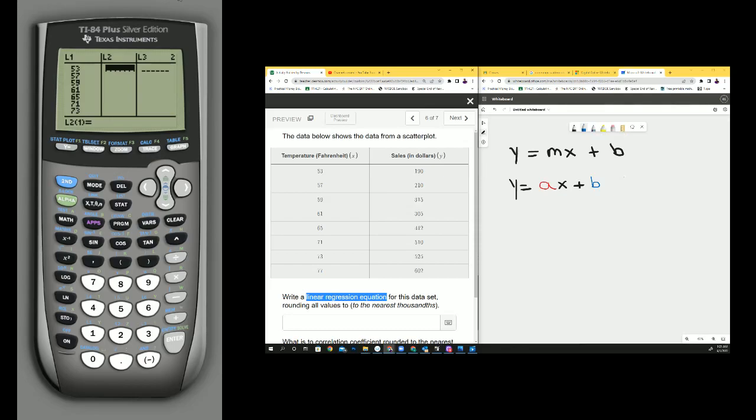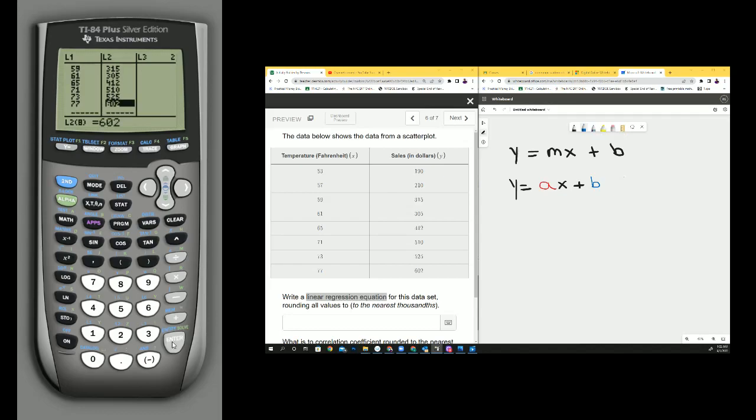So at 53, the sales were 190, so we're going to type that in, 190, and hit enter, then 210, enter, 315, enter, and then you do that for all the rest of the numbers: 305, enter, 412, enter, 510, enter, 525, enter, 602, enter.